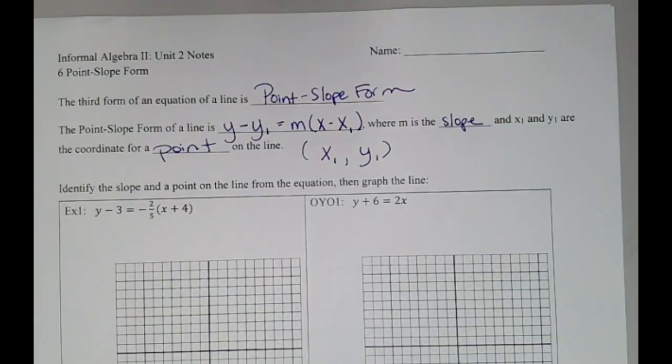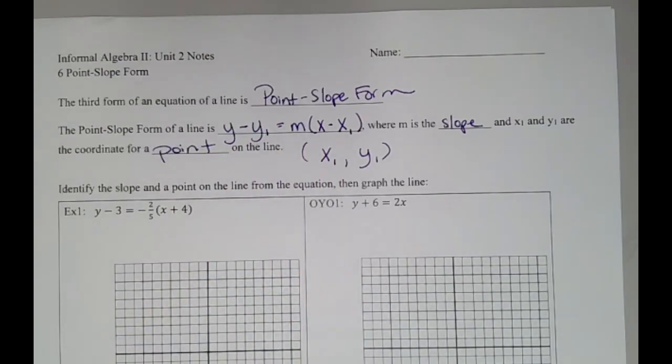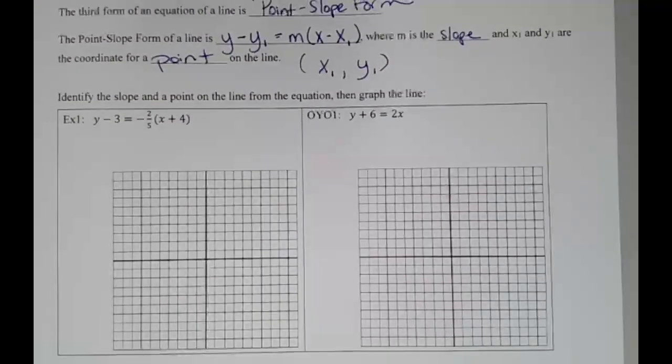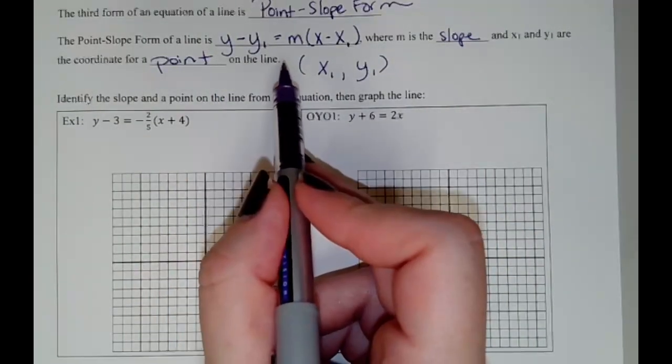Now, because the equation has subtraction here and there, that does have an impact on how we identify those values. You're going to see that in this first example. It says identify the slope and a point on the line from the equation, then graph the line. So remember, y minus y1.